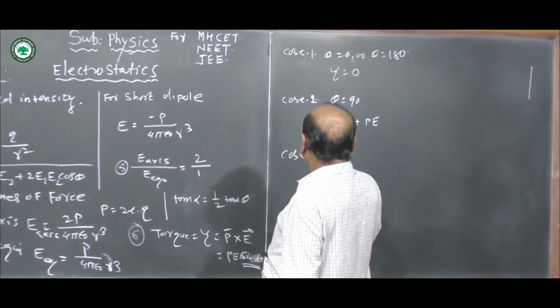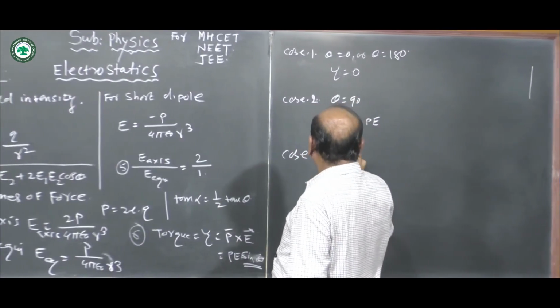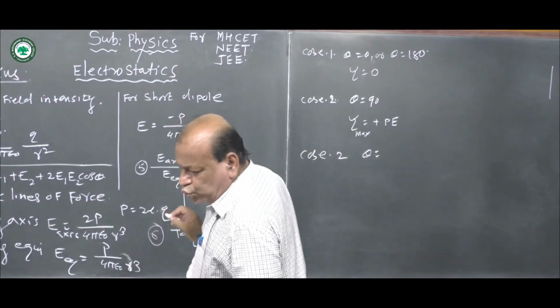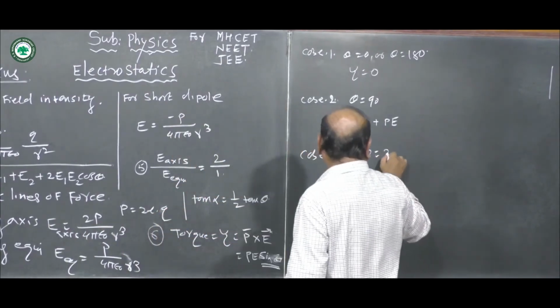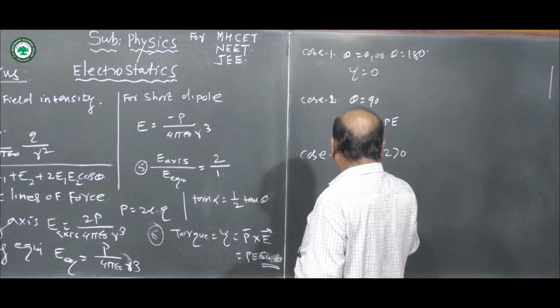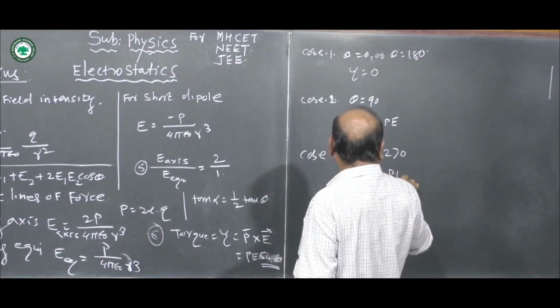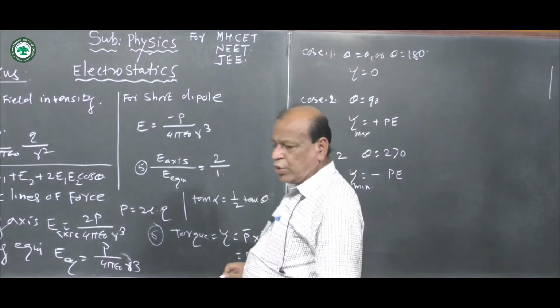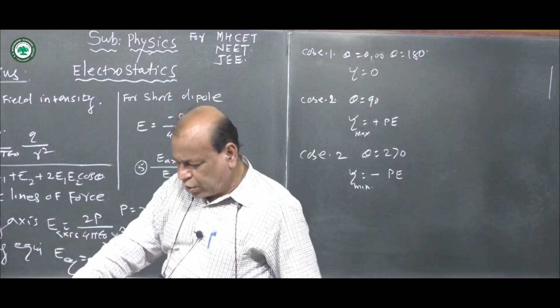Now case 3, for theta equal to 270 degrees, tau is equal to minus PE, and this is the minimum value of torque.